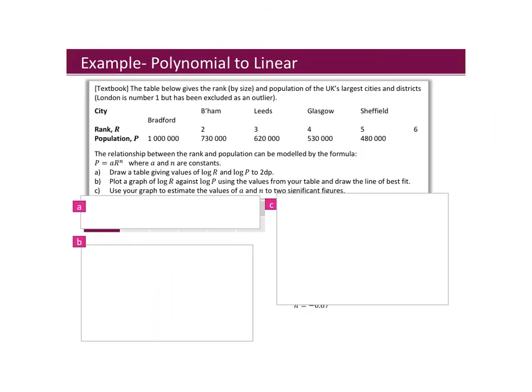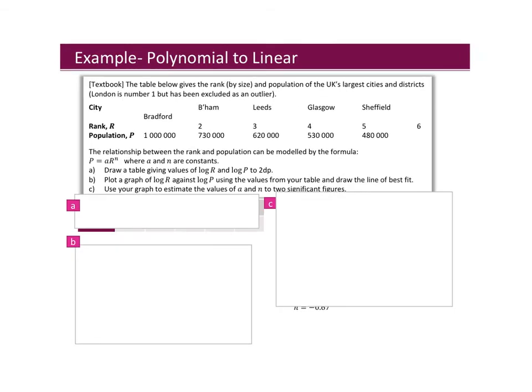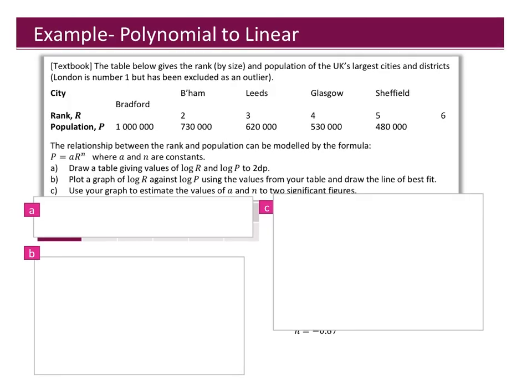So here is an example of a polynomial to a linear. We're going to go through it step by step. The table below gives the rank by size and population of the UK's largest cities and districts. London is number 1, but it has been excluded because it's an outlier.